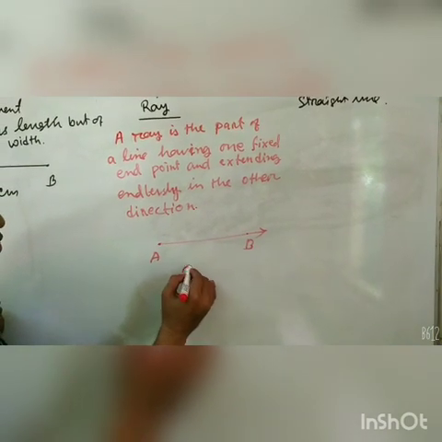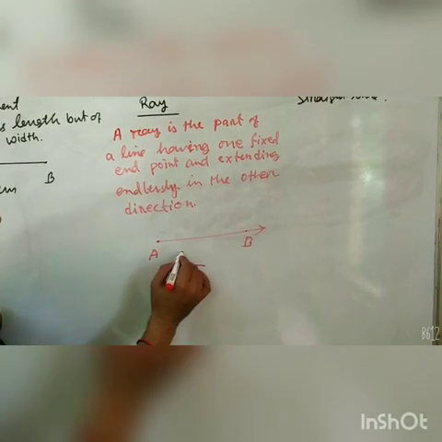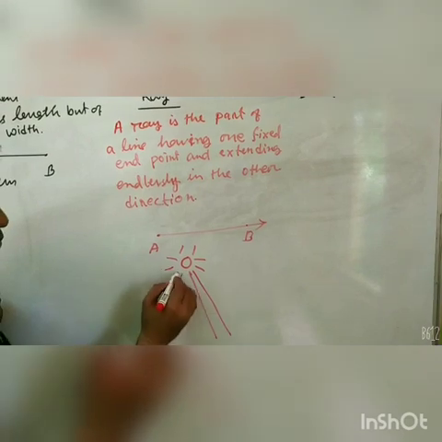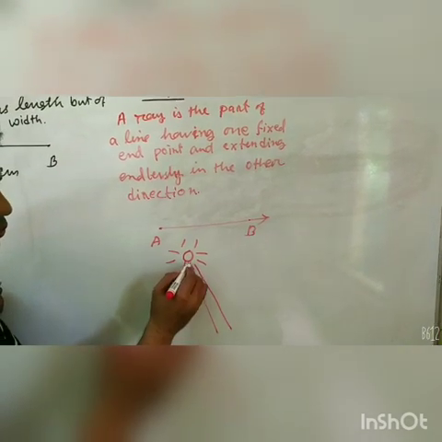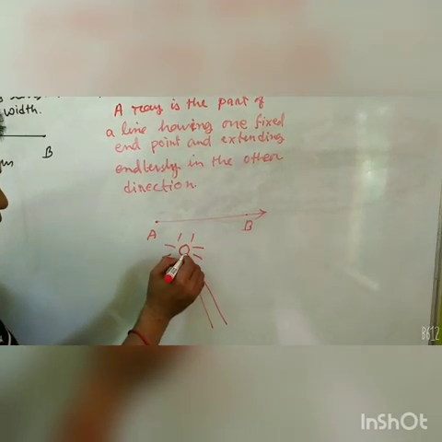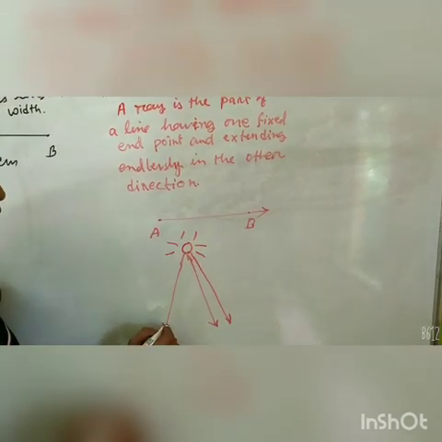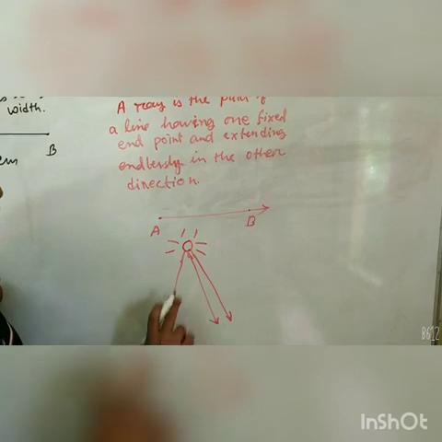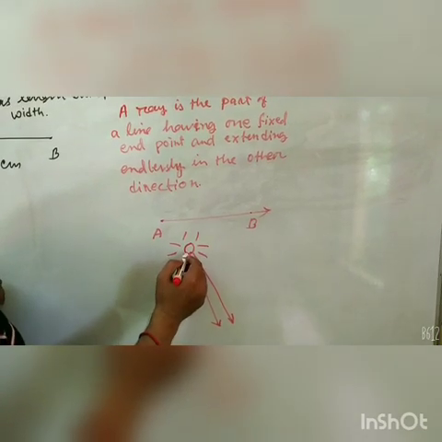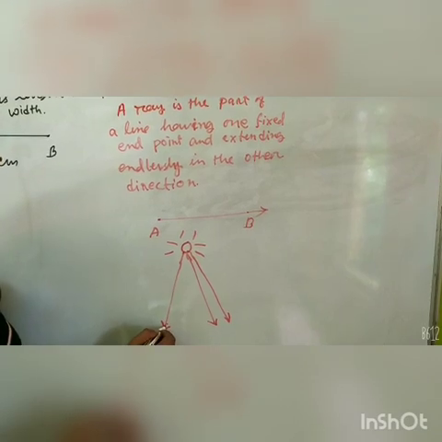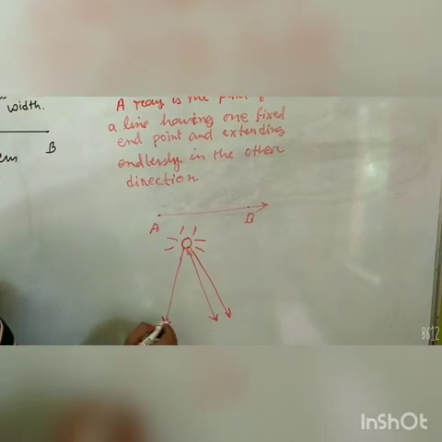Suppose this is the sun. This is a sun ray, coming from the sun. This is the endpoint, but the other end is endless. One end is a fixed endpoint, and another end goes endlessly in the other direction.